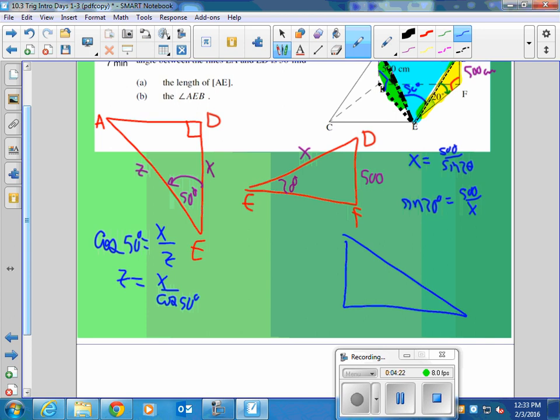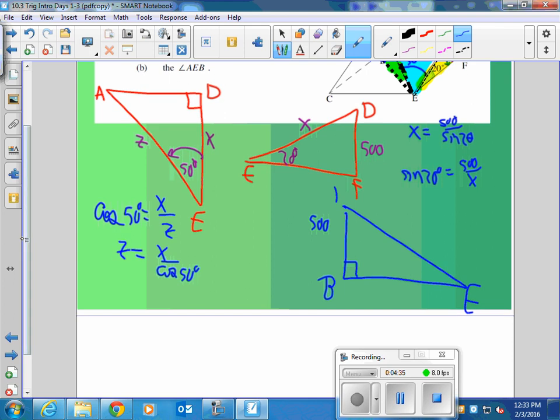So then this angle is 90 at B. E, I don't know. I know this is 500 still. And A at the top. We're trying to find this angle here. This is the question mark. Do I know anything else?